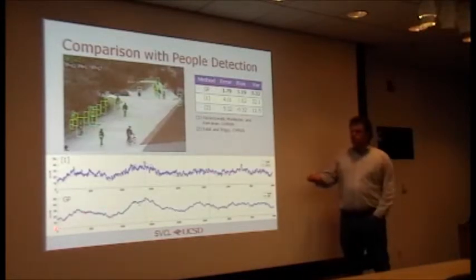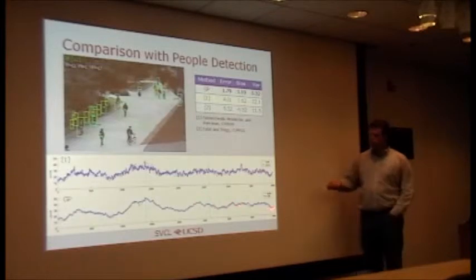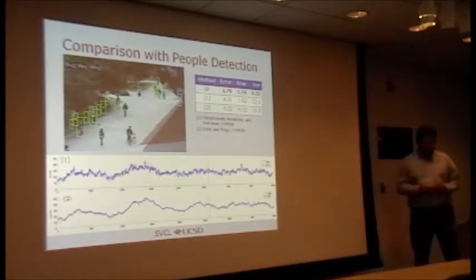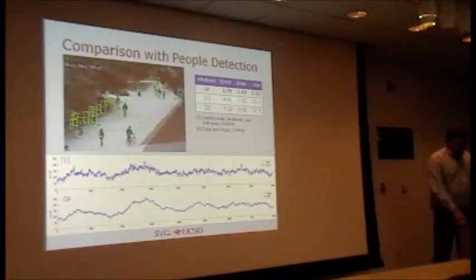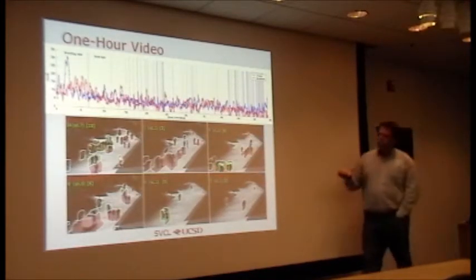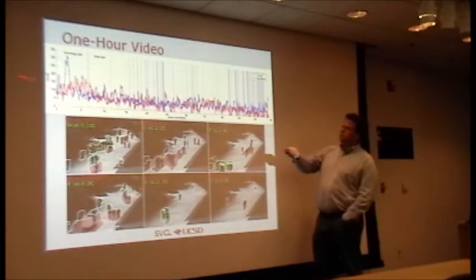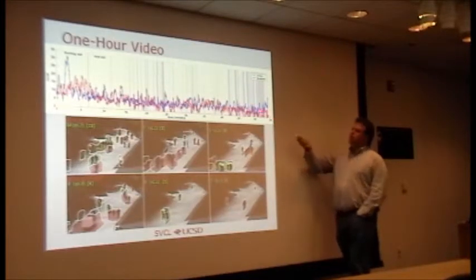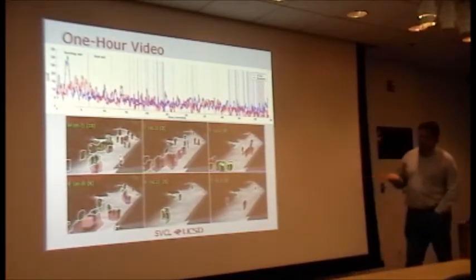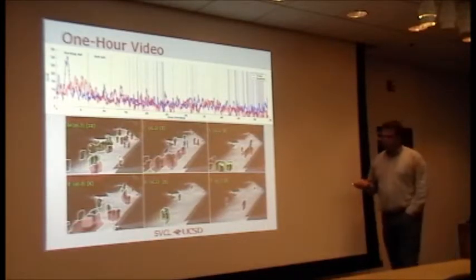This method does a much better job of following the ground truth, as you can see here. That's an example of the things I was talking about. This is a plot over an hour of video. Like I said, this thing can run for hours.